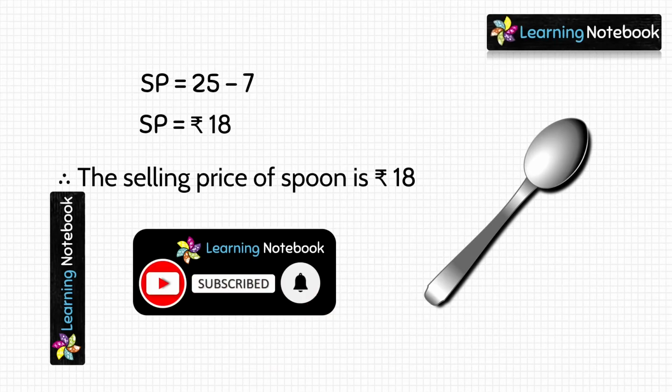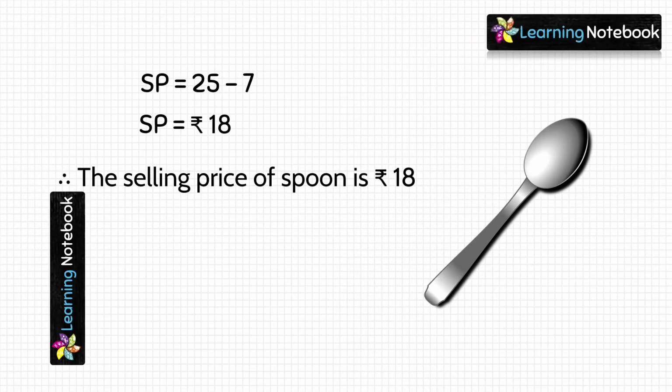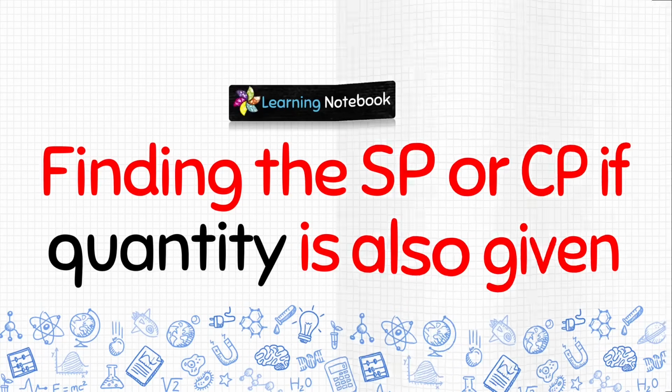So students, now I am sure you have understood the concept of how to find the selling price or cost price if profit or loss is given to us. Now let's move to our next topic, which is how to find the selling price or cost price if quantity is also given.